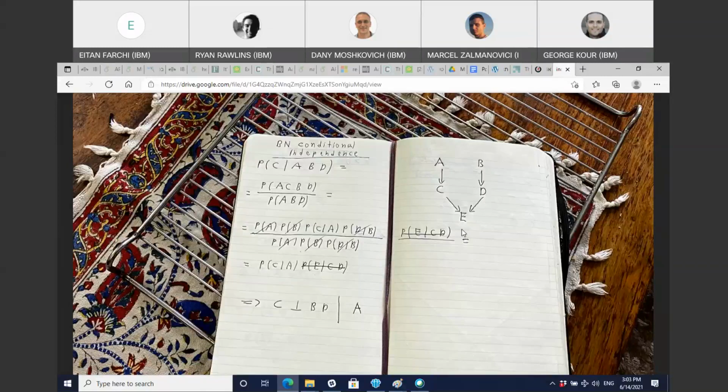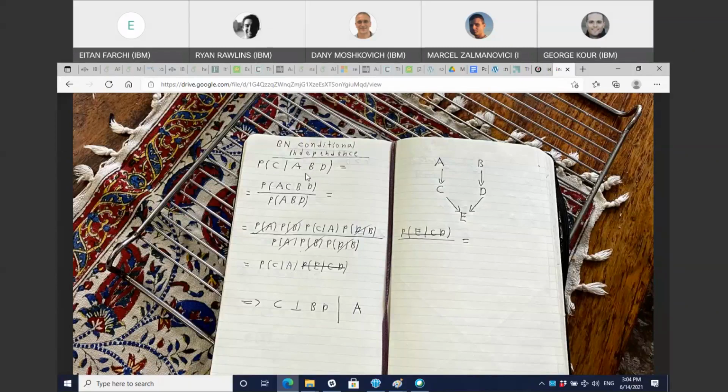It will remind us of how we reason about the Bayesian network. So let's look at it. I'm starting from the probability of C given A, B, and D, and I want to show that that equals the probability of C given A, which will show the conditional independence, basically.